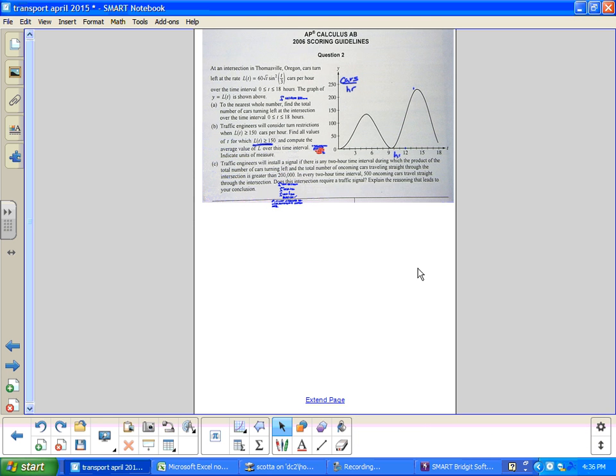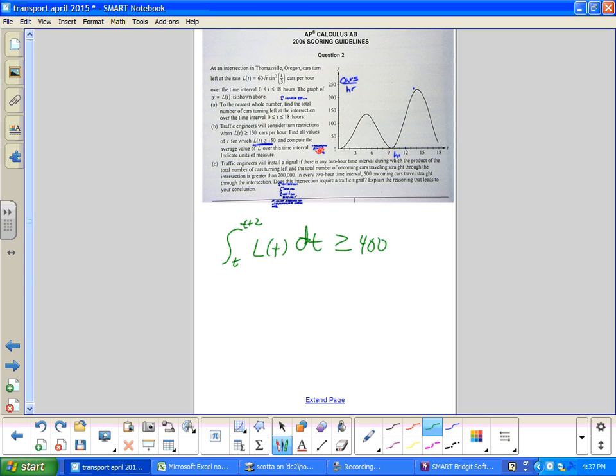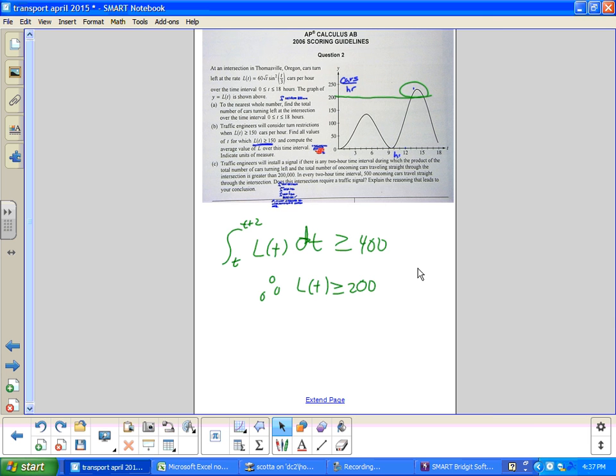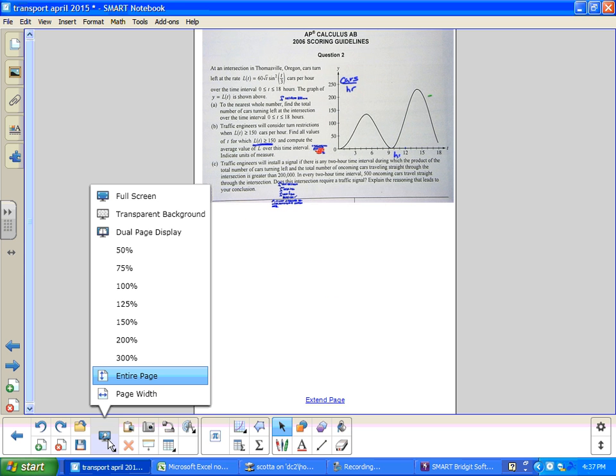The other way would be to talk about when we got to the point where you could just say that the integral of L(t) is greater than 400, then therefore L(t) is greater than 200, and then have a conversation at this point that you can see on the graph that at times the interval around it exceeds that, because it just has to exceed it. I like my method better. It's a little cleaner. It proves the value. The other would be a lot of up-down discussion.